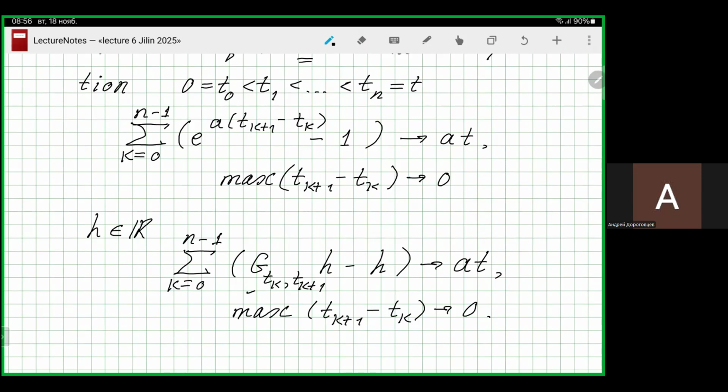And here we have the increments of our stochastic exponent on all intervals of time. So please do this exercise, and then you will understand that this idea can work. And we will apply it to more general stochastic semigroups at the next lecture tomorrow.